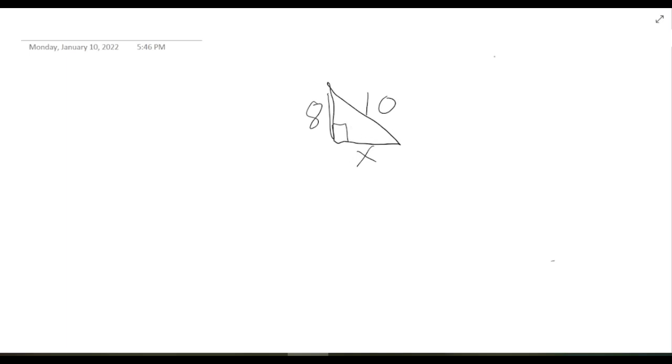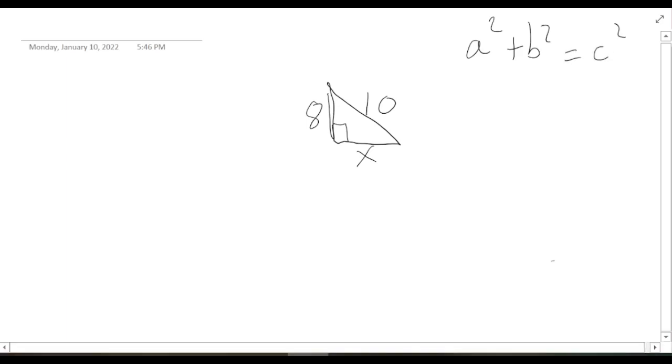So let's rewrite the Pythagorean theorem again. a squared plus b squared equals c squared, right? And so let's fill in what we know. So let's put in that 8 for a, because that's what we know is there. We know what c is. We know the hypotenuse. We know c is the longest side, so we can put in 10, right?